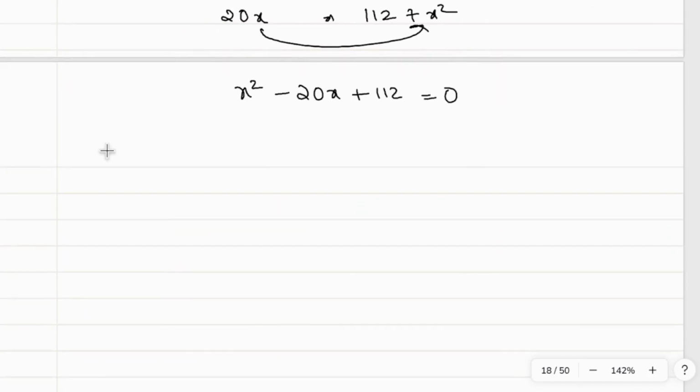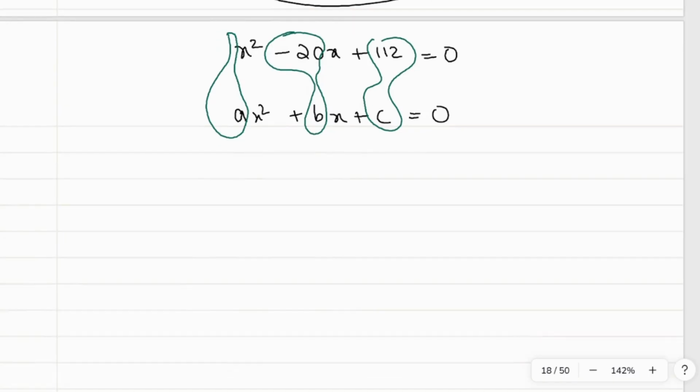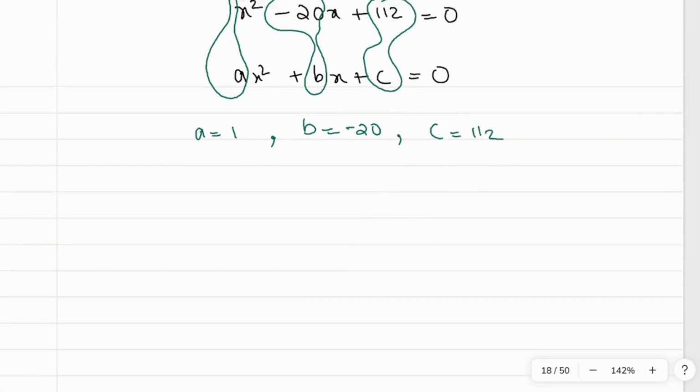Now how to solve this equation? This is of the form ax square plus bx plus c equals 0. So here a equals what? Here a equals 1, b equals minus 20 and c equals 112.